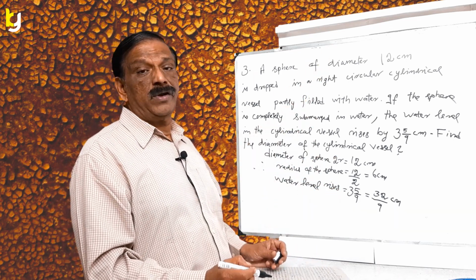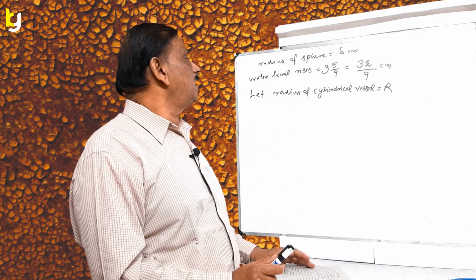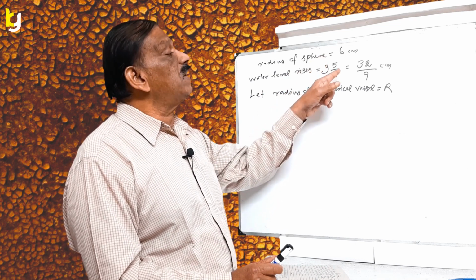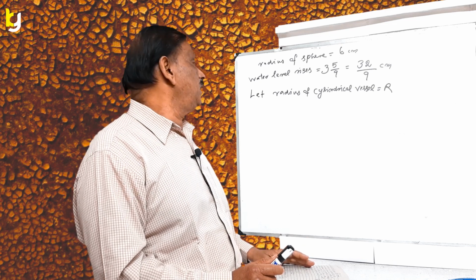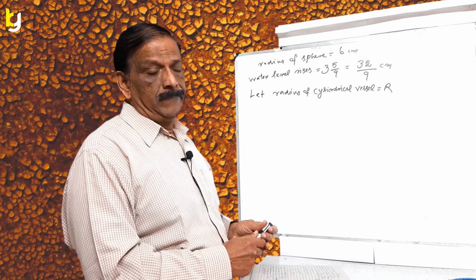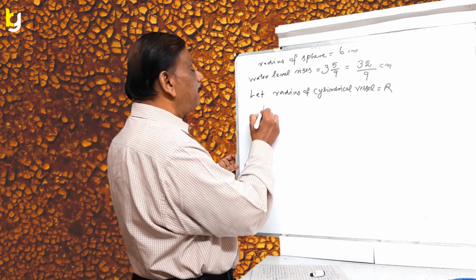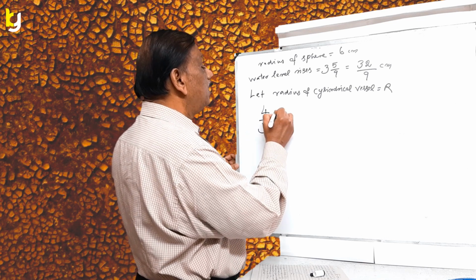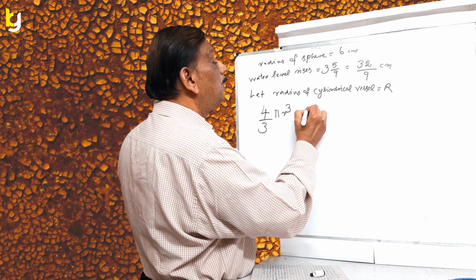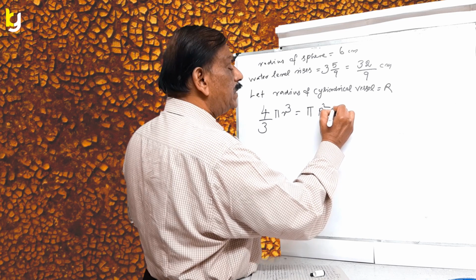So, next step is, see, radius of sphere, that is equal to 6 centimeter. Water level rises, that is 3 and 5 by 9 centimeter, that is equal to 32 by 9 centimeter. Let radius of cylindrical vessel be capital R. Therefore, 4 by 3 pi r cubed, that is equal to pi R square h.